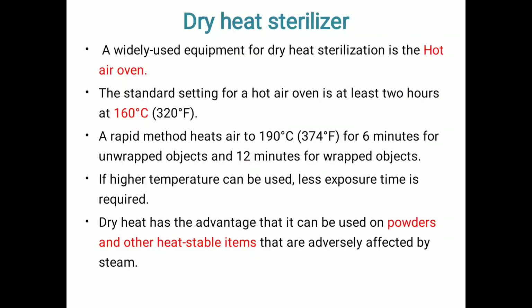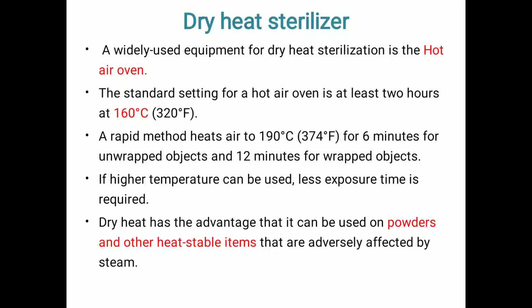So the difference between the autoclave and the hot air oven is that the autoclave utilizes a lower temperature as compared to the hot air oven, and the autoclave requires less time. As the temperature required is higher, materials which are heat sensitive cannot be sterilized with the help of a hot air oven.